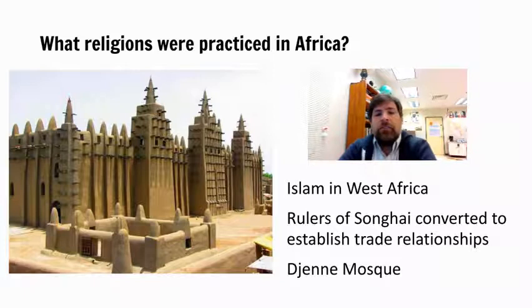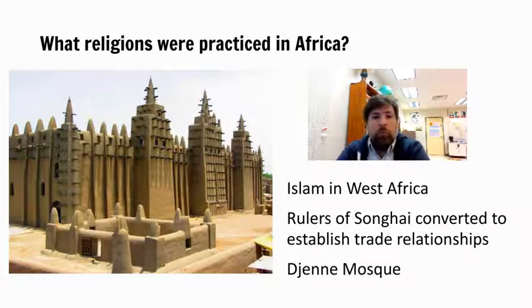But then as Africa starts to trade with people, it starts to become exposed to these other cultures. And one of the ways that it fostered or promoted that trade was by having people convert to the religion. So in West Africa, in Songhai, the rulers of Songhai converted to Islam, in order to make themselves more desirable people to trade with for the Muslim merchants who were bringing the salt and bringing the gold into their community.